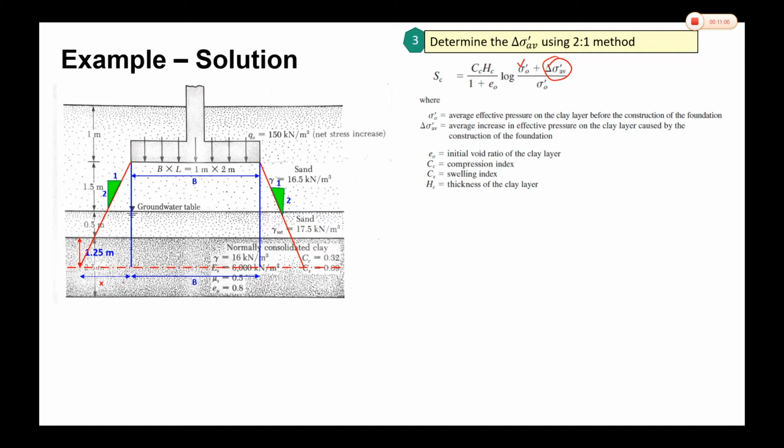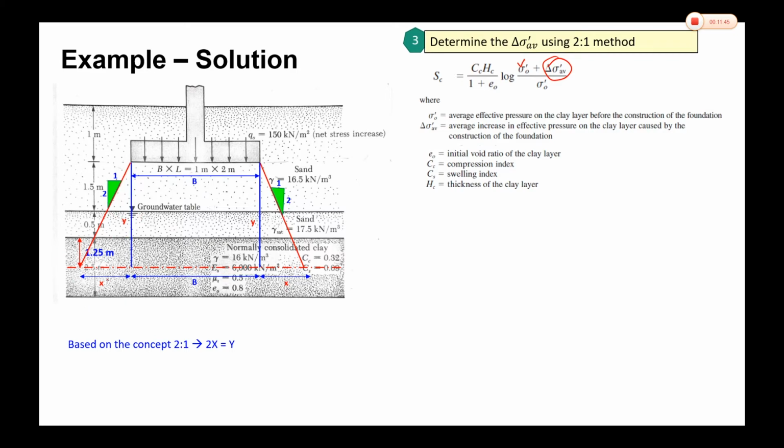So for example, we note here as X, and also this one is X. And we label the vertical line here as Y, for both sides is Y. So based on the concept 2 to 1, if you have X here, then 2X here will be equivalent to Y.